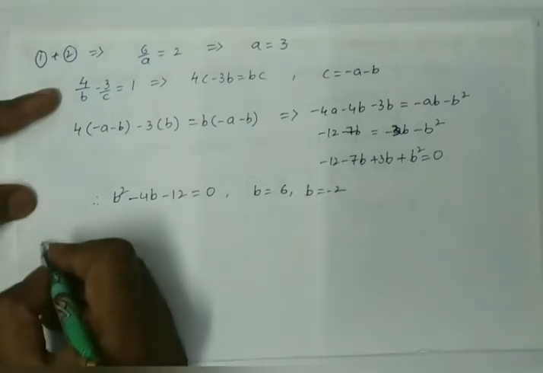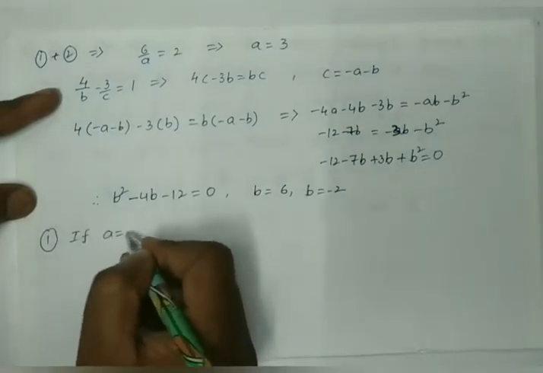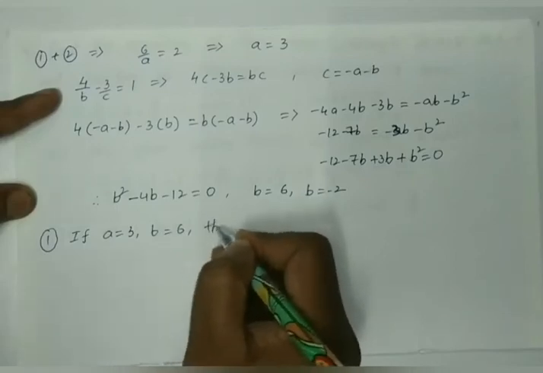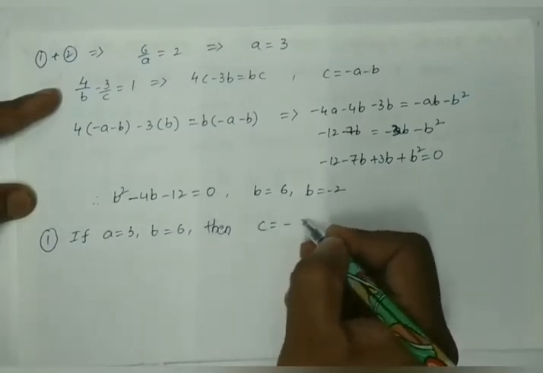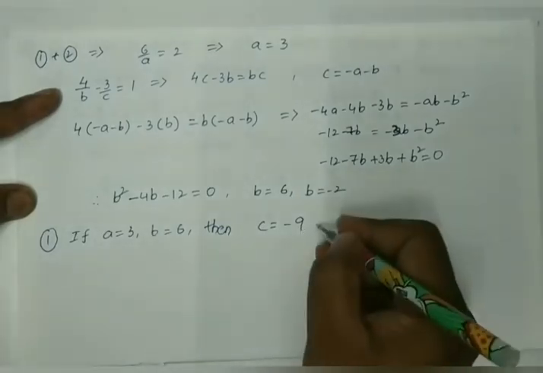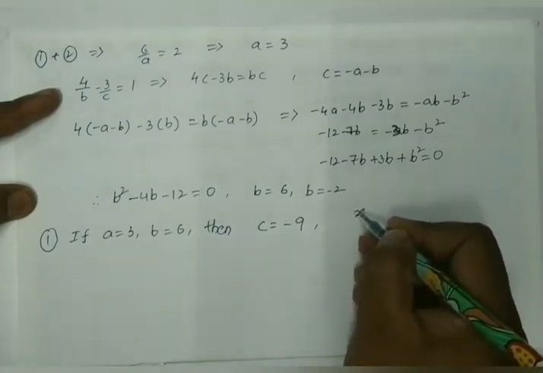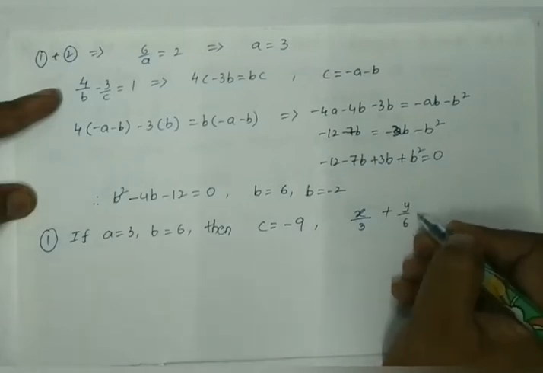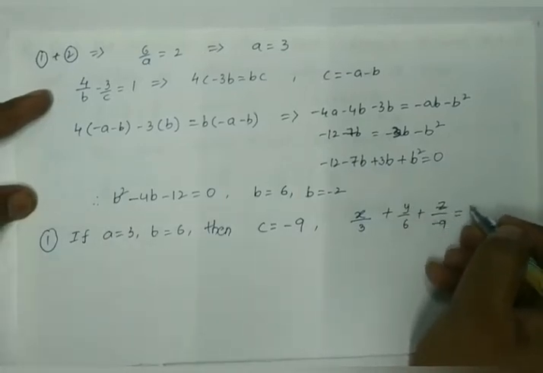So here we have two cases. First one, if a is equal to 3 and b is equal to 6, then c will be equal to minus 9. Therefore in this case the equation of the plane will be x by 3 plus y by 6 plus z by minus 9 is equal to 1.